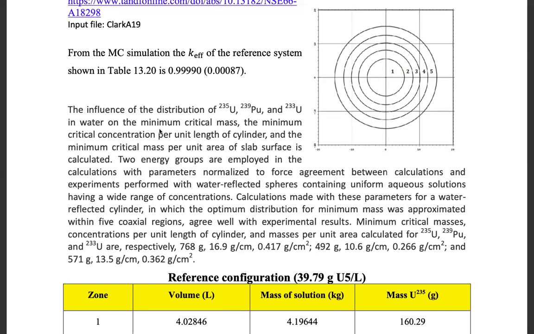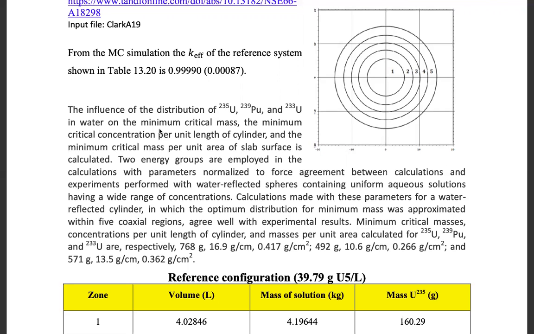And it was Goertzel who derived an expression for the fissile fuel distribution, which gives you the minimum critical mass. And he said that this gives you a flat thermal flux. So he showed that in a 2-group diffusion formulation, for a reflected reactor.